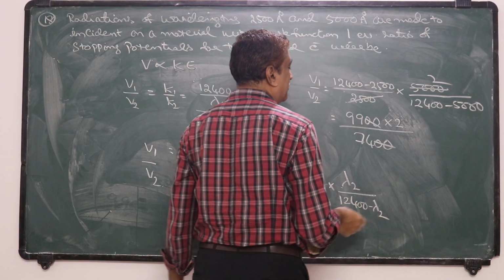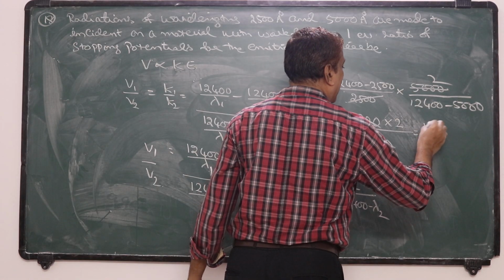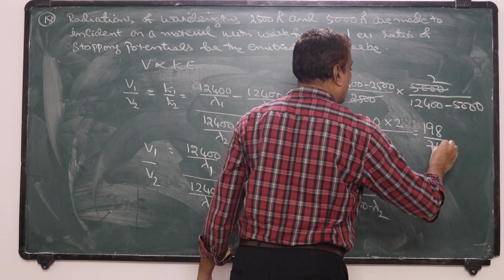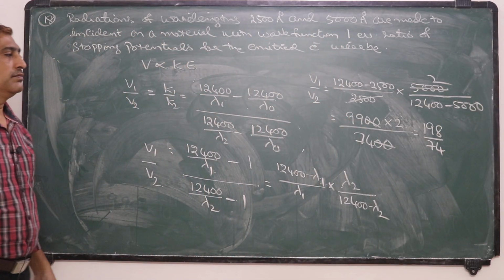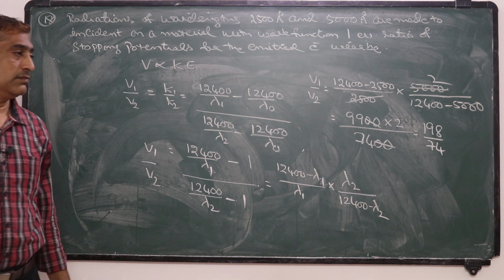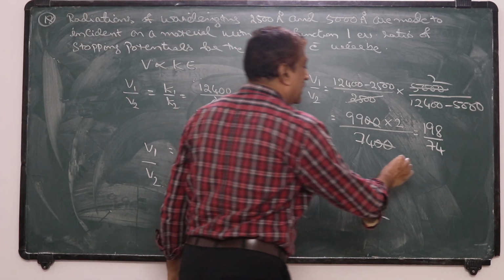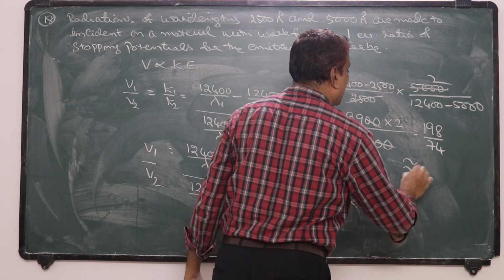Cancelling out, this is 198 by 74, and this is approximately 8 by 3.